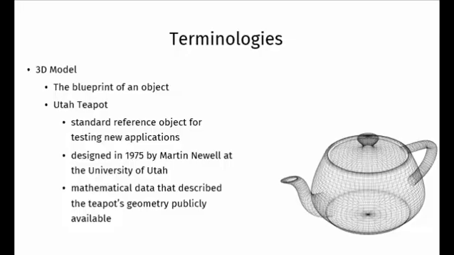Researchers and developers could use the same teapot to test and compare different graphic techniques. So when you see this wireframe teapot, remember it is not just a teapot. It is one of the most famous test models in the history of computer graphics.